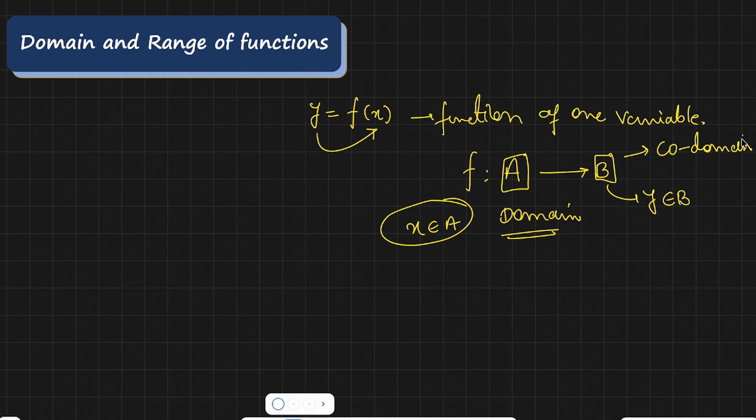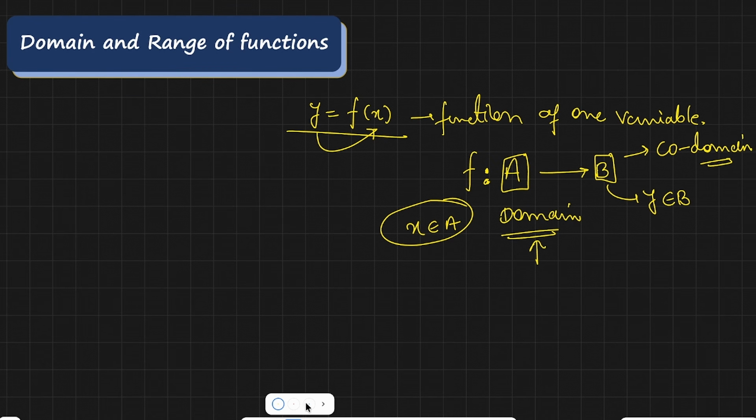It means the codomain is a set, basically the collection of all possible outcomes, and the domain is the collection of all inputs. So I will put in the domain all those points at which my function is defined, and I will remove those points from the set where my function creates a problem.